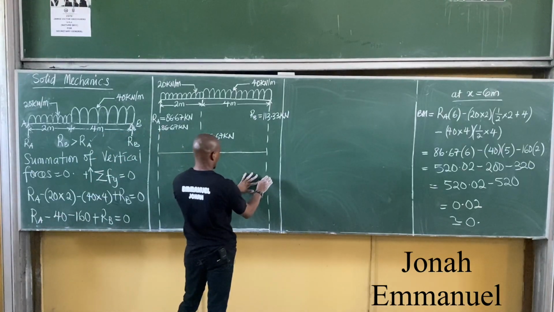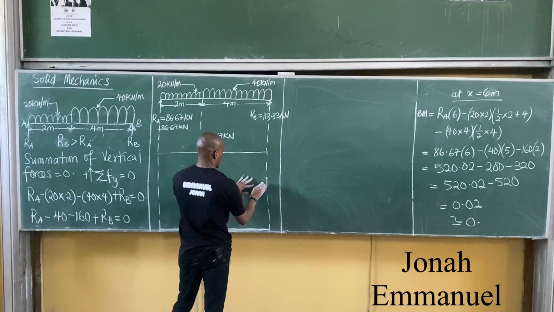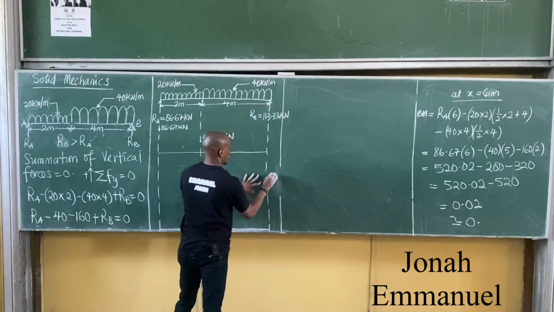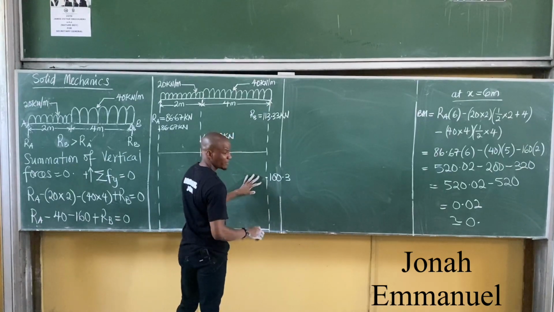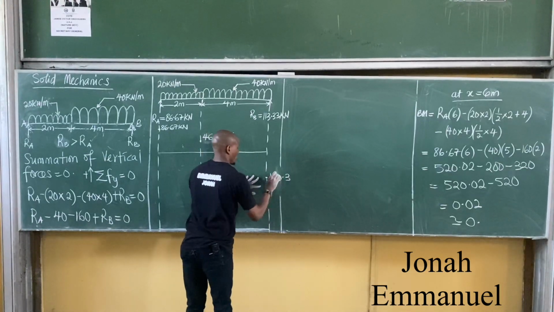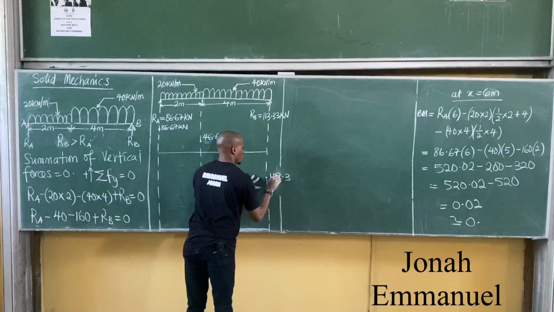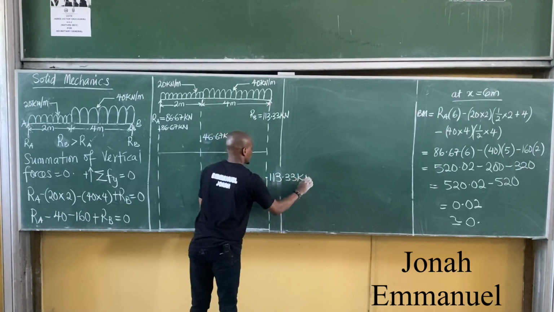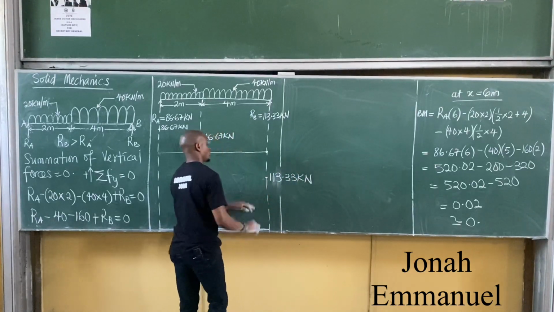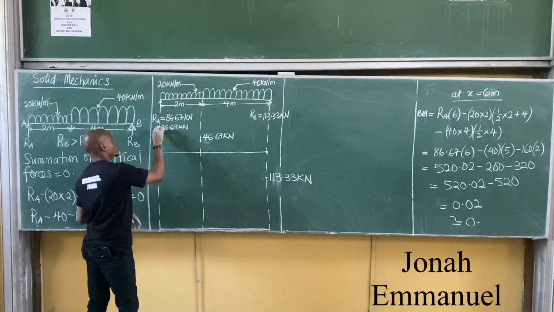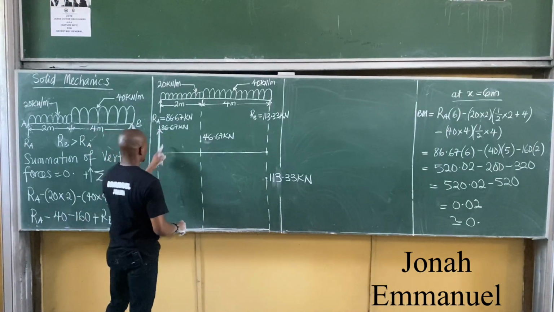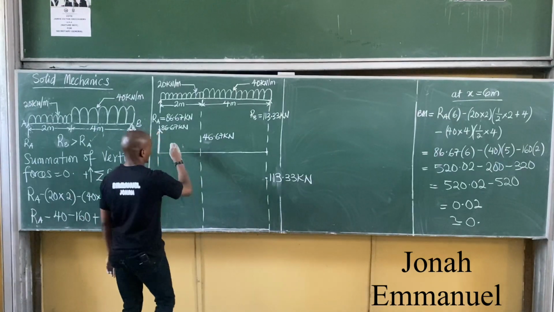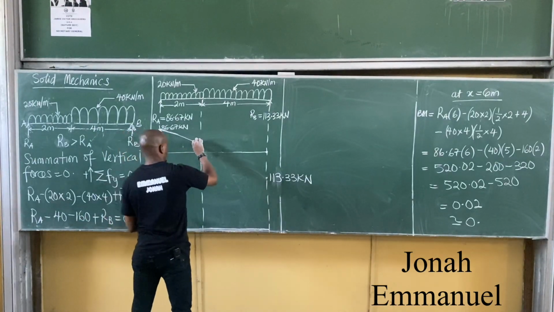Let's call this point 113.33 kilonewton, and then 0. I think you people know this, right? From here, trace this point, join them, and we'll have this.